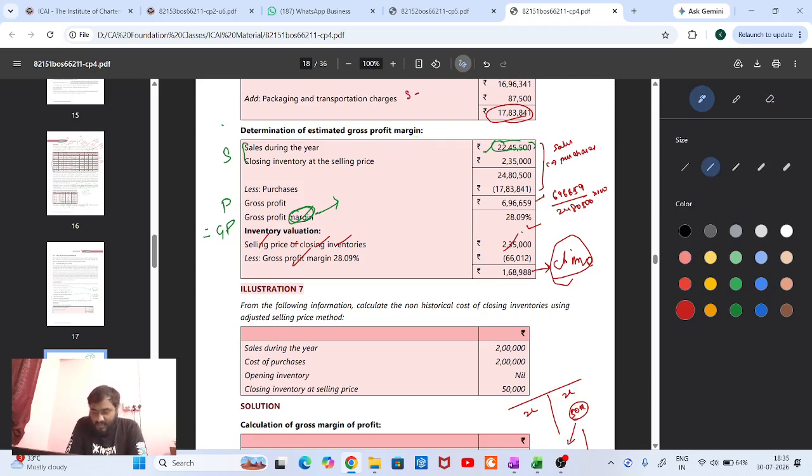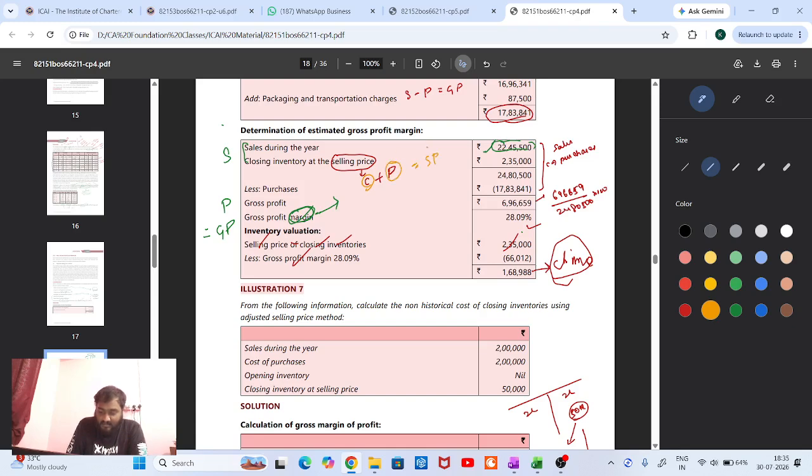Sale minus purchase equals gross profit. This is not exactly right, but I'm just simplifying for you. Closing inventory is given at selling price. So selling price includes cost plus profit. So we need this, and to find it, we use what we know.